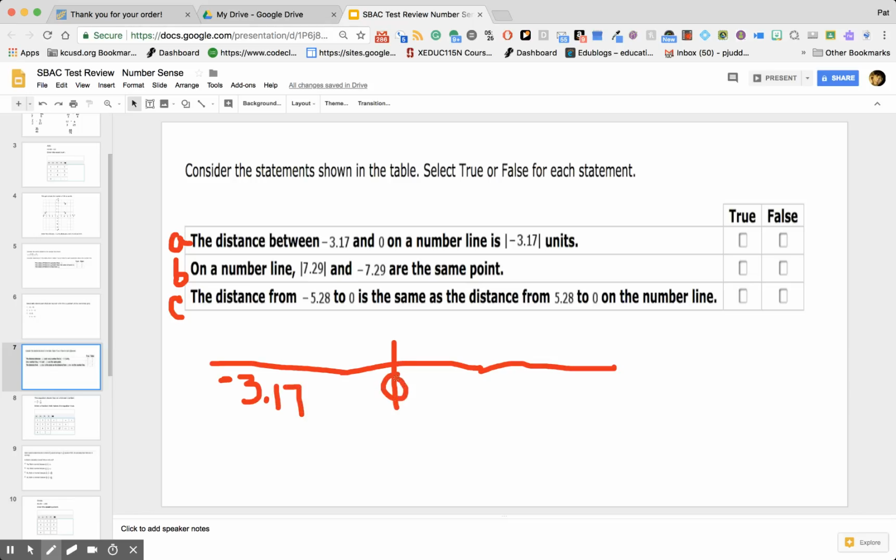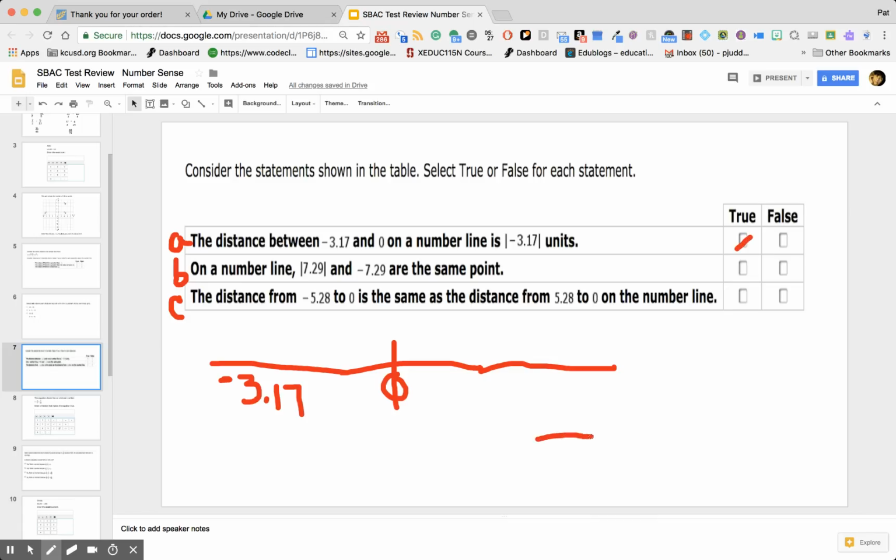Here's 0. The distance between this and 0 is the absolute value of 3 and 17/100 units. Well, absolute value is the distance from 0 on a number line. So is this and the absolute value of this number the same? Yes.